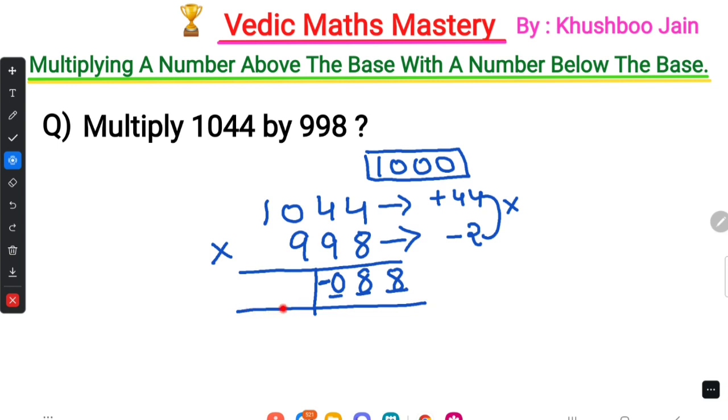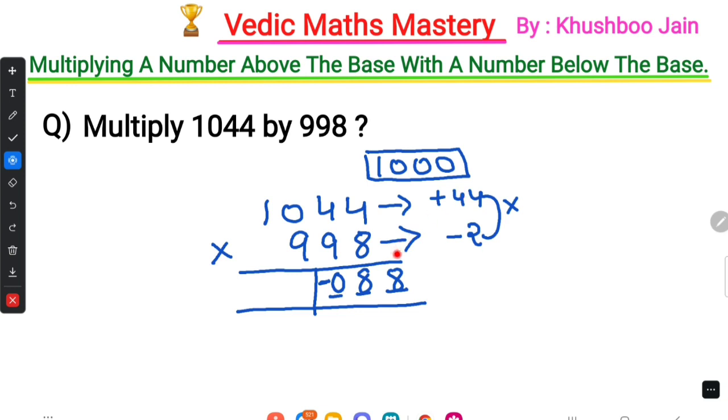Now move to the left hand side part. The next step says we have to cross add or cross subtract, whatever the question says. In the question, there is a subtraction in the cross and there is an addition in the cross. So we'll do the subtraction because 1044 minus 2 is easy to subtract instead of addition.